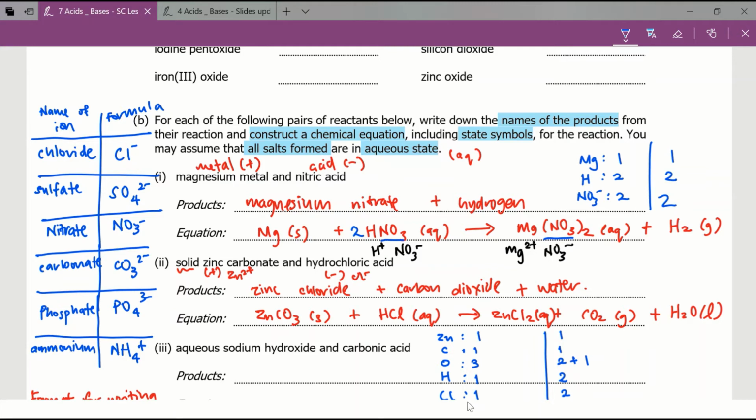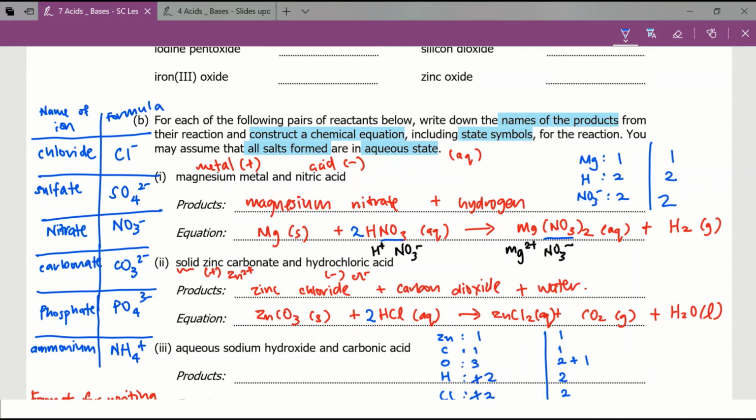So let's start with Cl first. There's one chlorine on the left and two chlorine on the right. To balance this, we need two chlorine on the left hand side. To do this, we write a coefficient 2 next to HCl. Okay, so let's update our numbers. Now I have 2 Cl and 2 hydrogen.